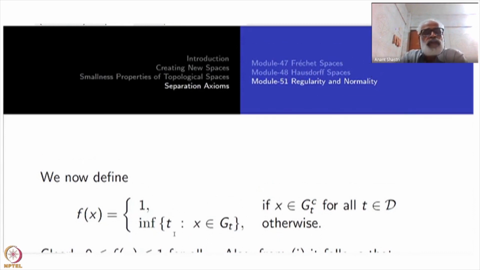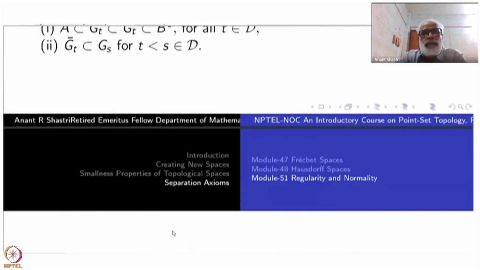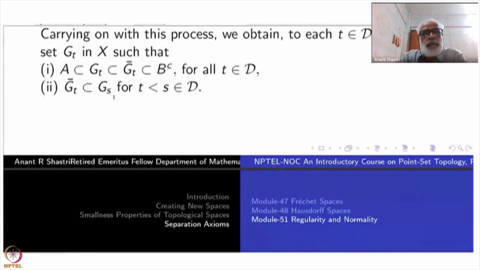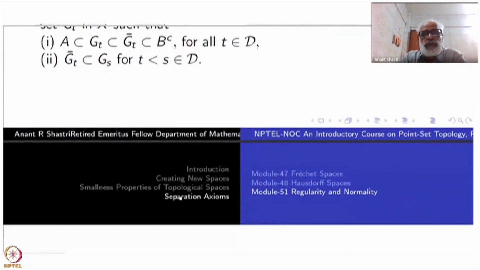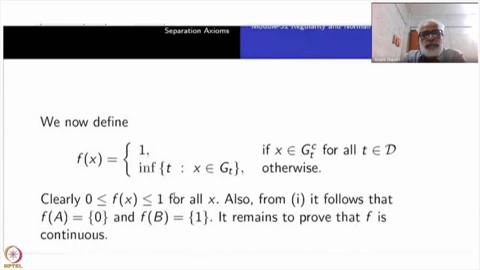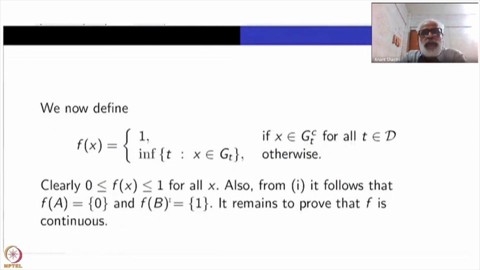Now, the first one says what? All the G_t's contain A, and their closures are contained inside B complement. So from this it follows that f of A will be 0, the infimum of all the dyadics inside [0, 1] being 0.